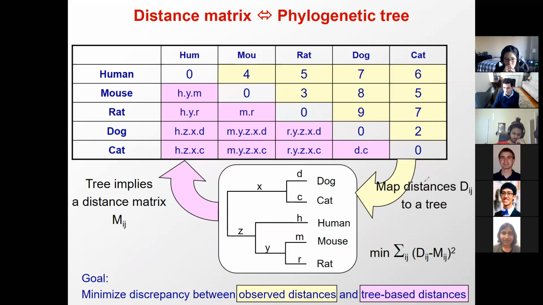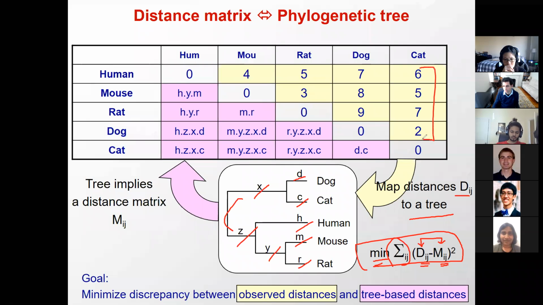So we're going to be mapping the distances dij to a tree, and then searching for the set of parameters for d, c, x, h, m, r, y, and z, but also the topology that minimizes the total sum of differences between the distances computed from the original alignment and the distances computed through the tree.